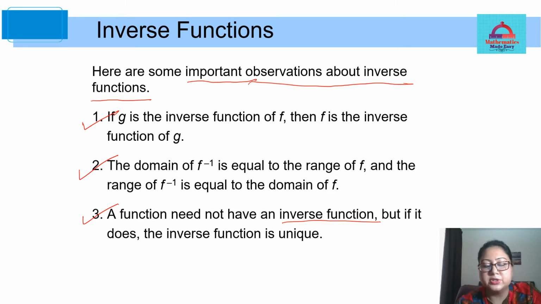We check that condition, and then we check the condition the previous slide gave us in the definition about the composition, that f of g and g of f should be equal to x for each x in the domain. All these conditions we are now going to verify, and remember, once a function has an inverse, it is going to be a unique inverse. It cannot have more than one inverse. There is going to be just one special unique inverse for a given function.